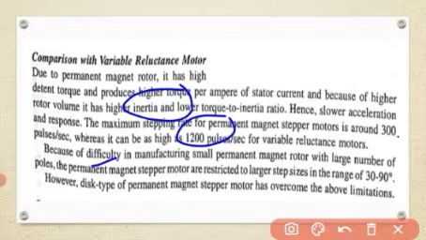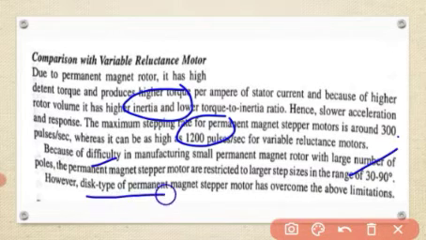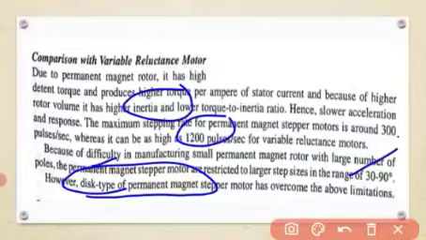Permanent magnet stepper motors are restricted to larger step sizes in the range of 30 to 90 degrees. However, the disc type permanent magnet stepper motor has overcome these limitations, so we can go for higher pulse rates, more than 300 pulses per second.